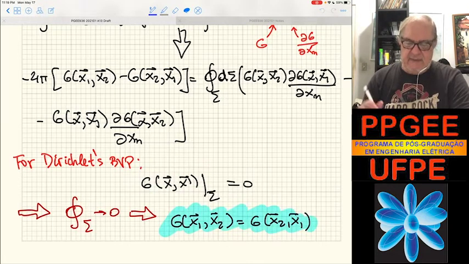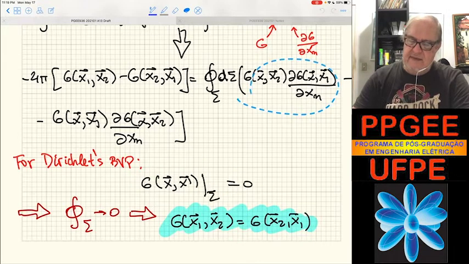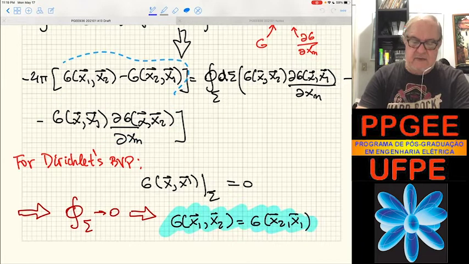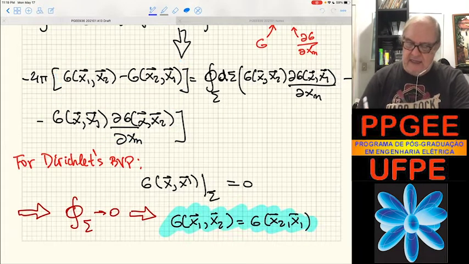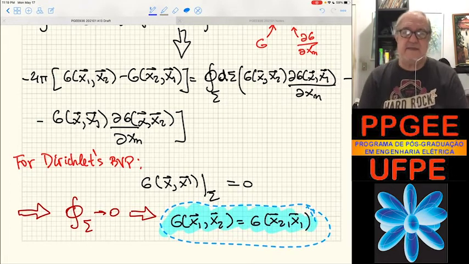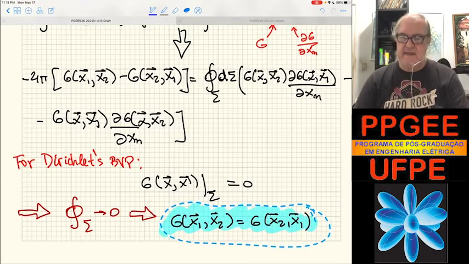So for this type of Green's function, g equals 0, then we have this thing equals 0 and this one equals 0. It means that this is equal to 0, or in other words, the Green's function is symmetric. It has that property. If you exchange the arguments x1, x2, the function doesn't change, right?